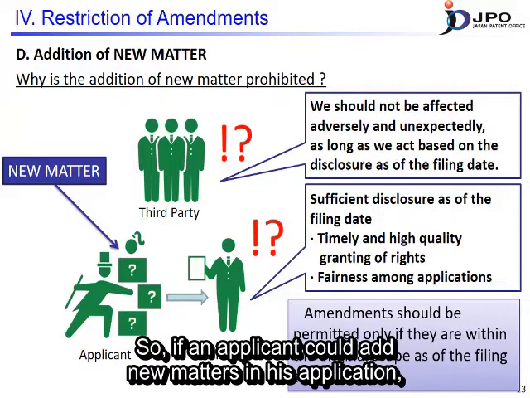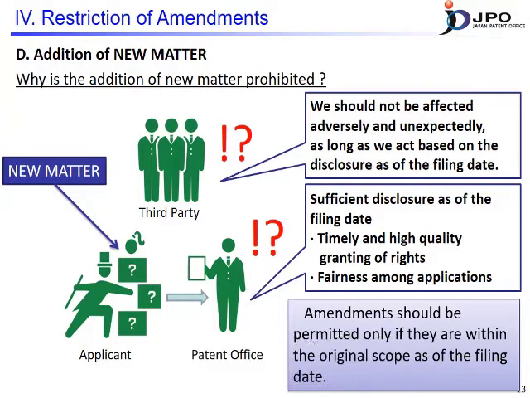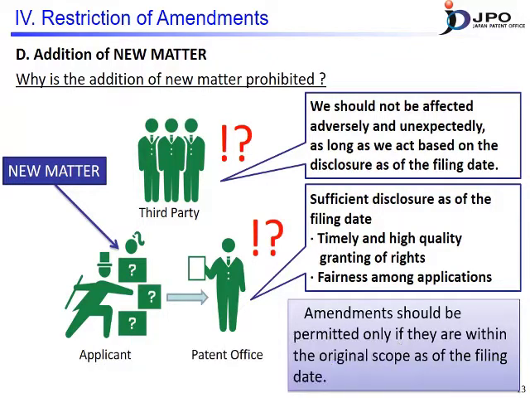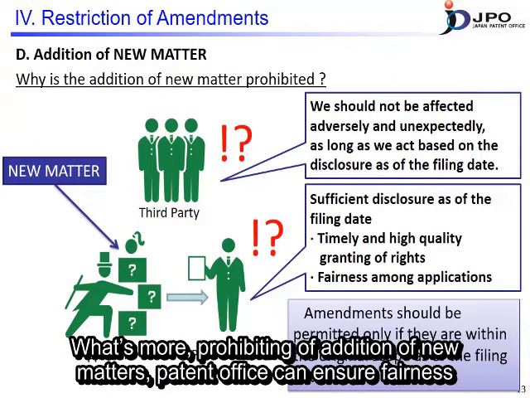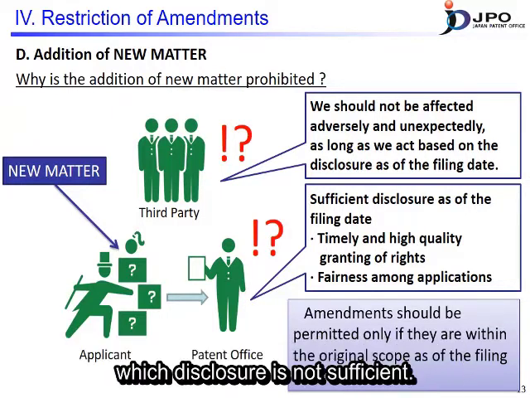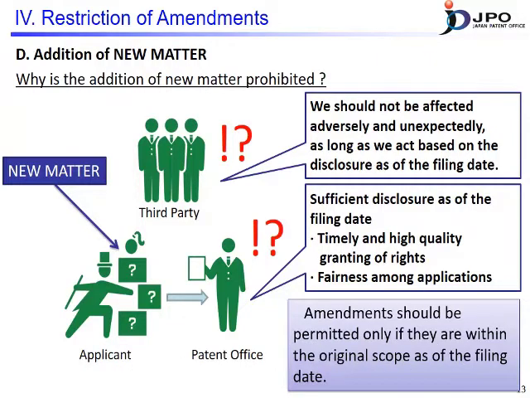So, if an applicant could add new matters in his or her application, Patent Office could not ensure timely, high-quality granting of right. What's more, by prohibiting addition of new matters, Patent Office can ensure fairness between applications of which disclosure is sufficient as of the filing and applications of which disclosure is not sufficient.